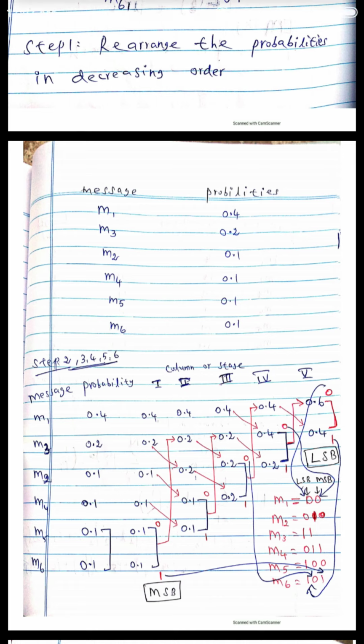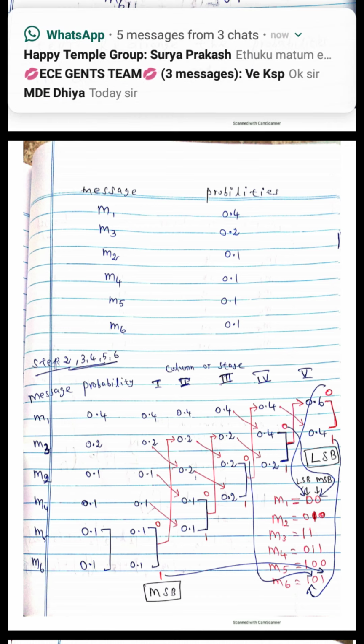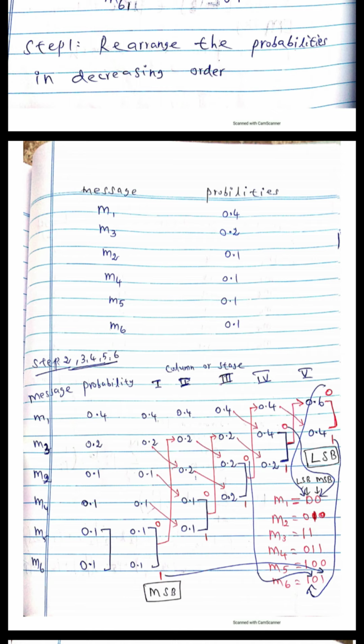In the tabular method, first write down the first column messages, the second column probabilities, and next the columns called stages, that is first, second, third, fourth, fifth. Messages m1, m3, m2, m4, m5, m6 with the corresponding probabilities. First, combine m5 and m6.